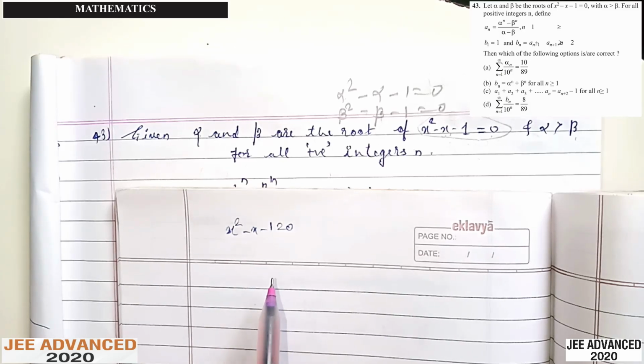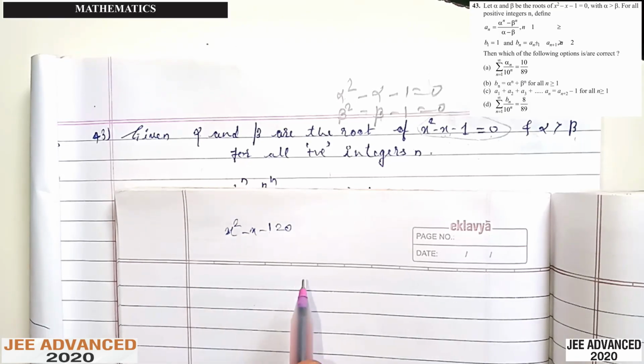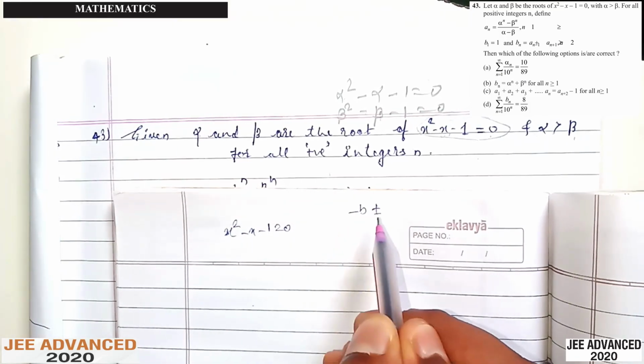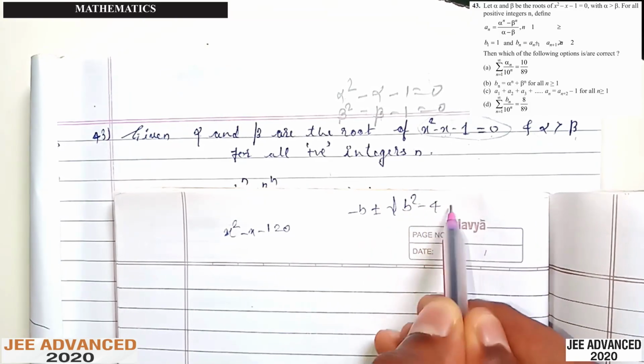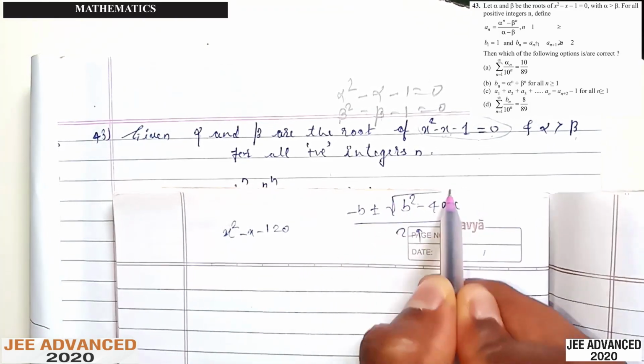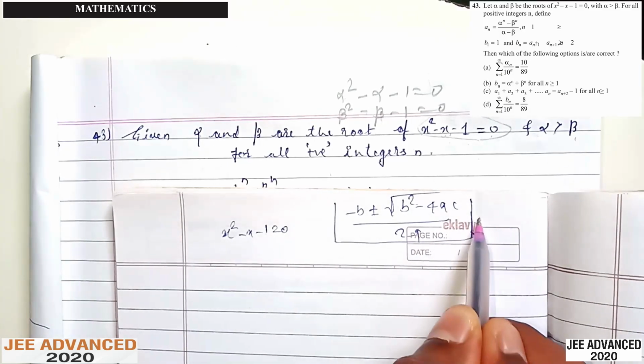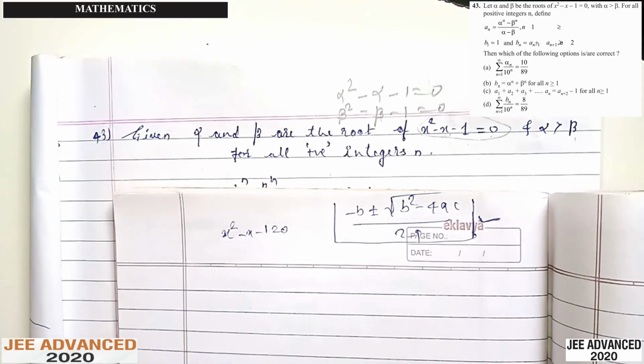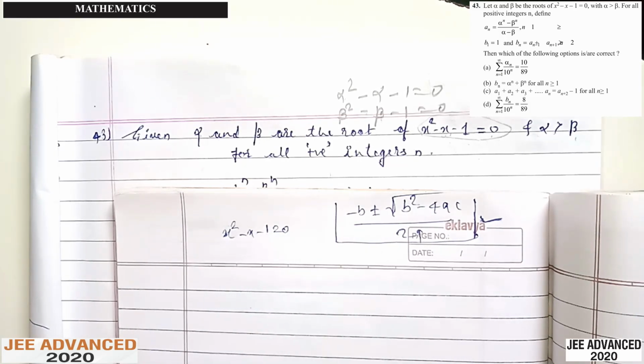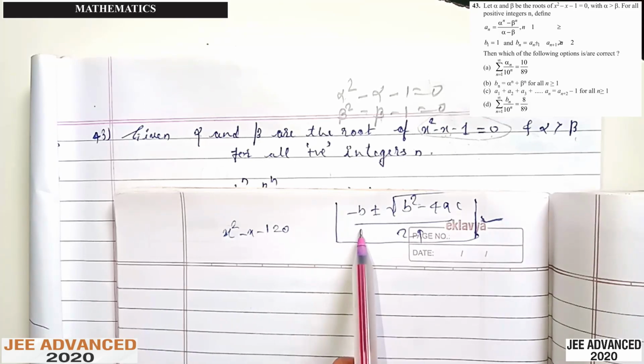The usual factorization method cannot be applied here, so we have to use a special result: minus b plus or minus the square root of b squared minus 4ac, upon 2a. This is a standard result which is very useful to find the roots of any quadratic equation, especially when the roots are in the form of a square root or a complex number. If roots come out as complex numbers, it is quite difficult to figure them out otherwise, so at that time you have to use this result.